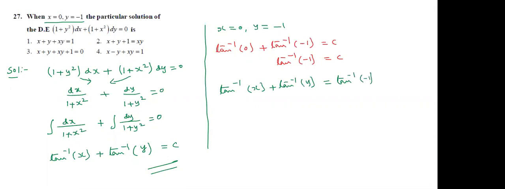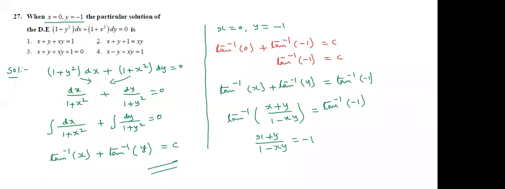In the left hand side we know the formula: tan inverse of x plus tan inverse of y is tan inverse of x plus y by 1 minus xy, that is equal to tan inverse of minus 1. Now left hand side tan inverse sent to right hand side, tan of tan inverse of minus 1. Tan inverse is going to cancel. So you will get x plus y by 1 minus xy is equal to minus 1.